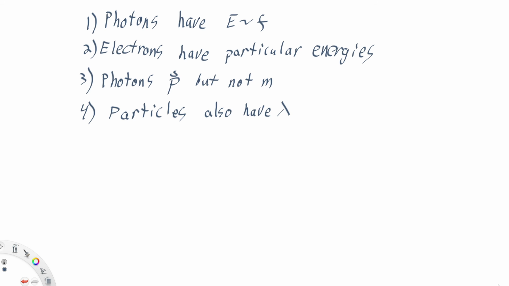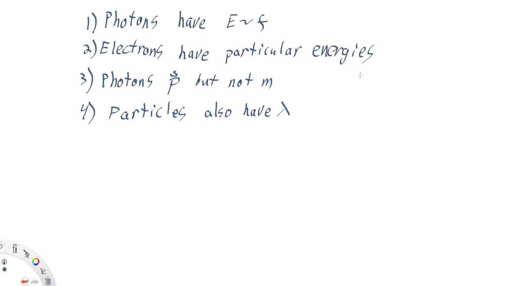By tuning how high the hill was or whatever, you could end up with any number for energy you want. But electrons aren't like that. They can only have a few particular quantities of energy.